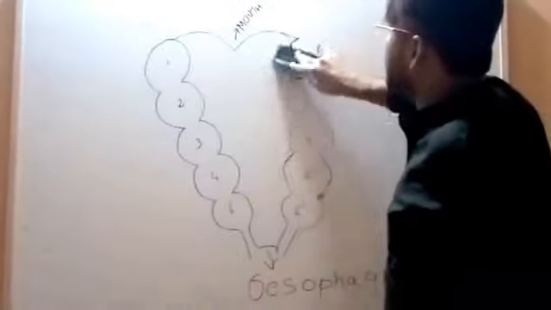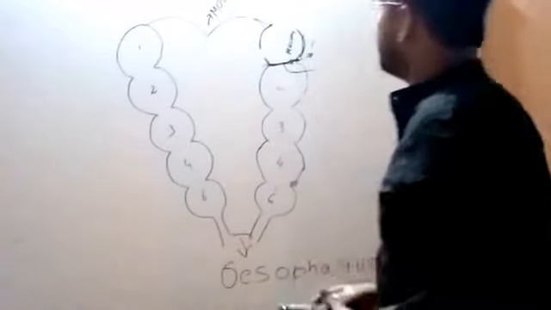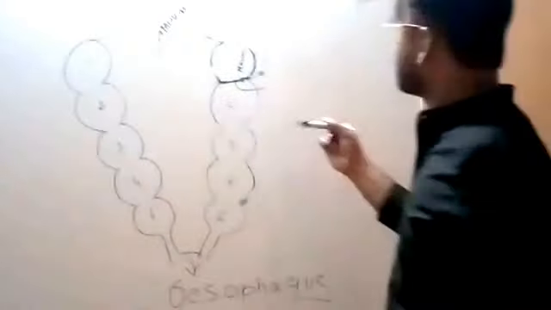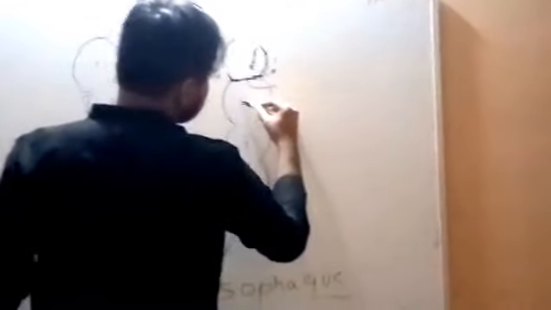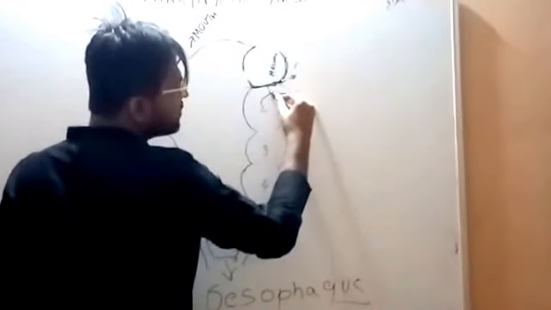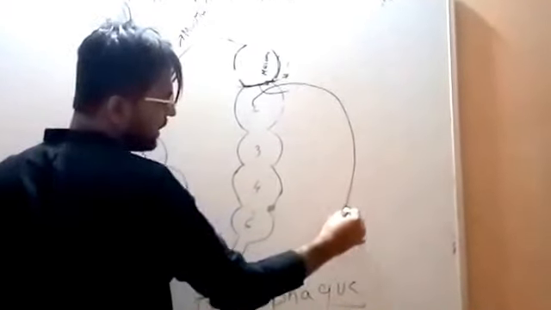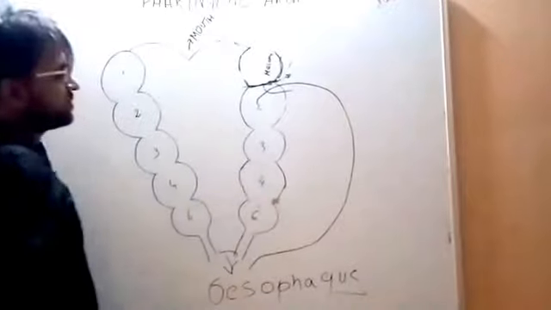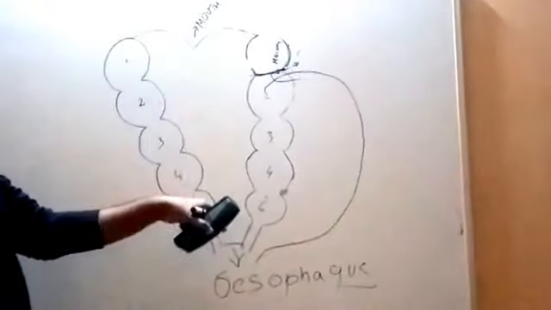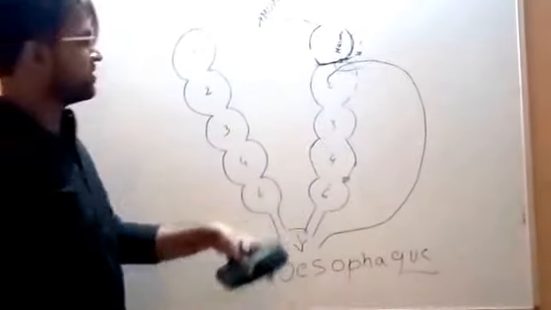Here is a concept you need to know: this second pharyngeal arch overgrows and obliterates all the groove structures.